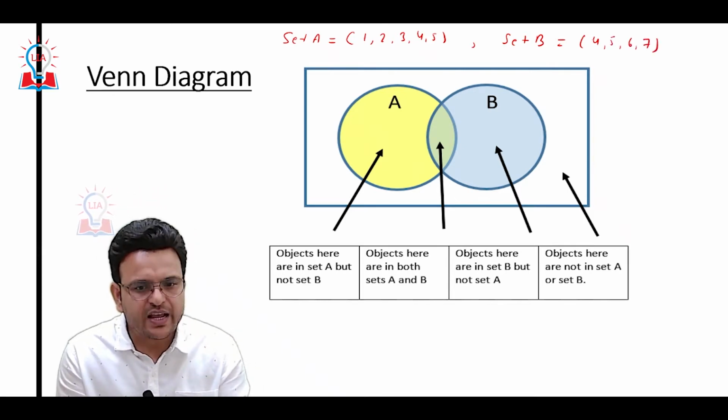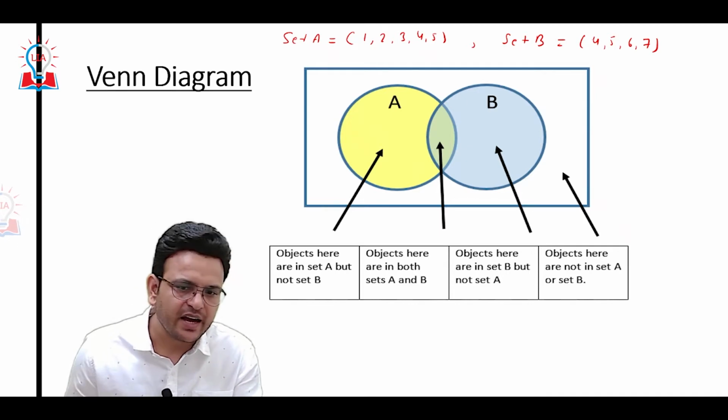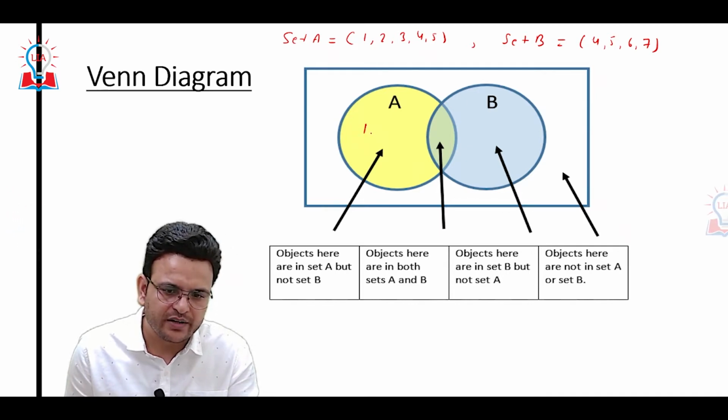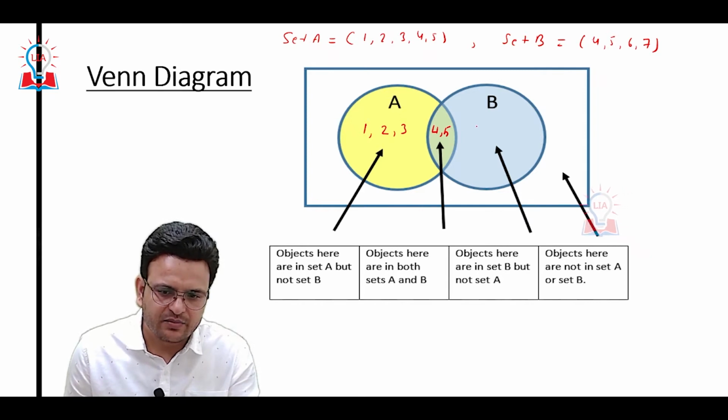Whenever we have to represent these two sets through a Venn diagram, we can write 1, 2, 3, then 4 and 5 are common between A and B, and then we have 6 and 7.